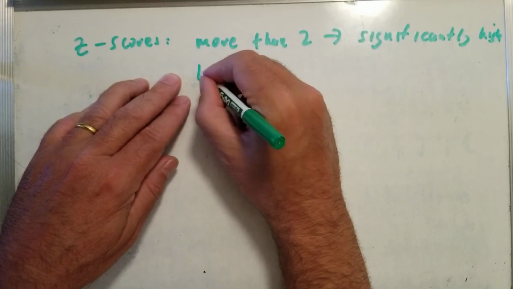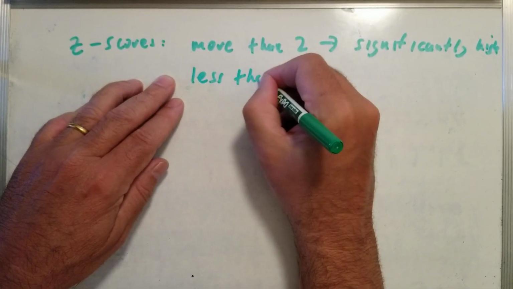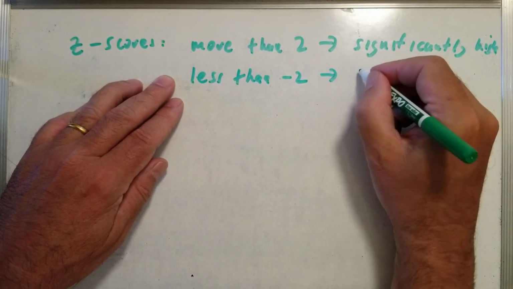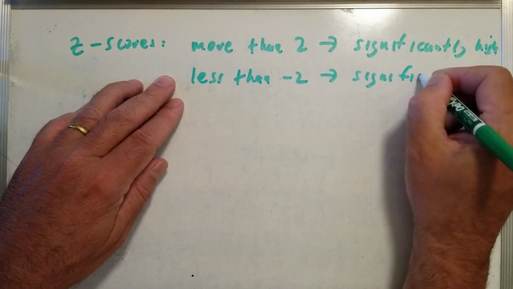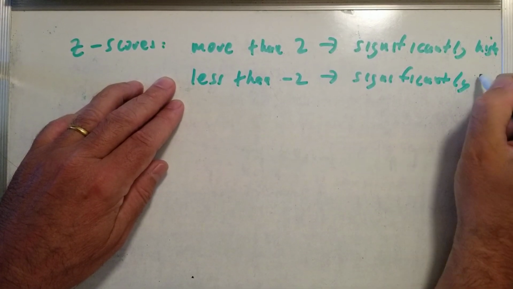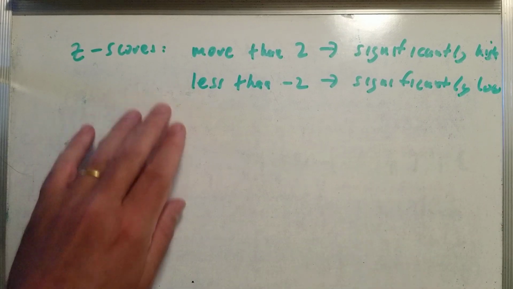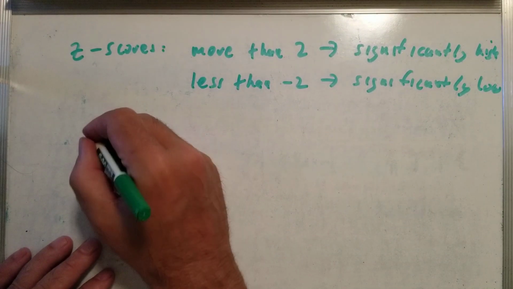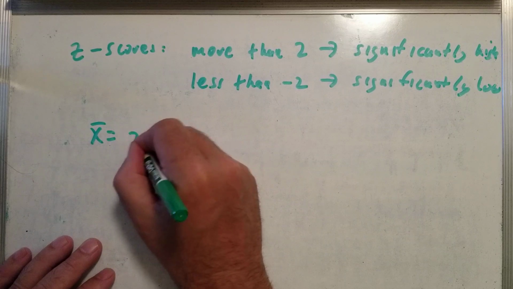And if it's less than negative 2, that's significantly low.